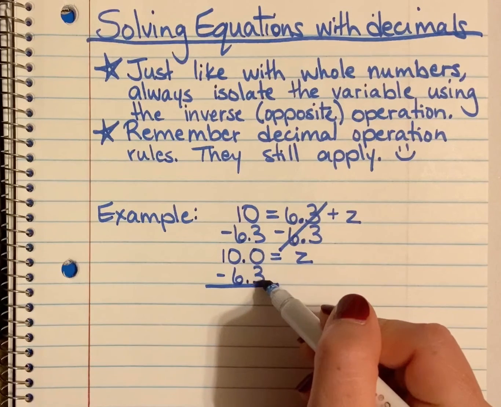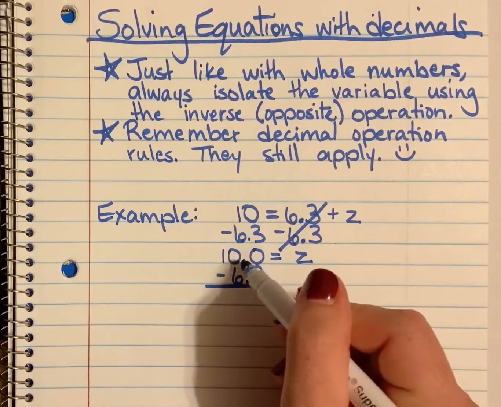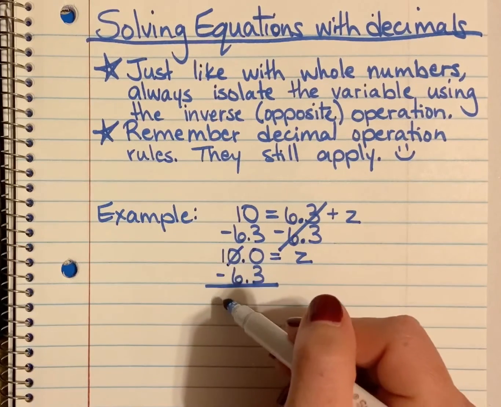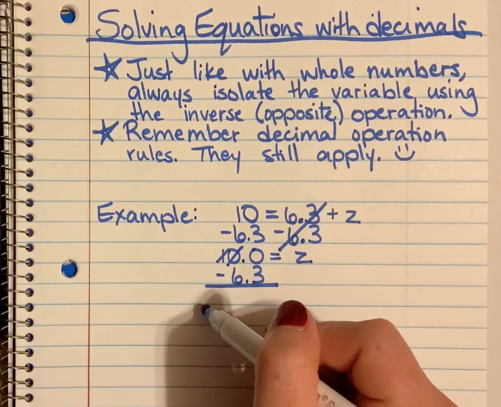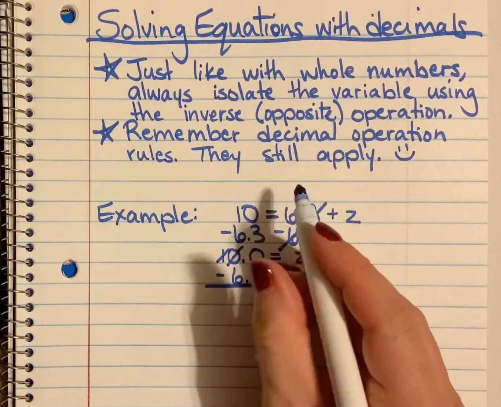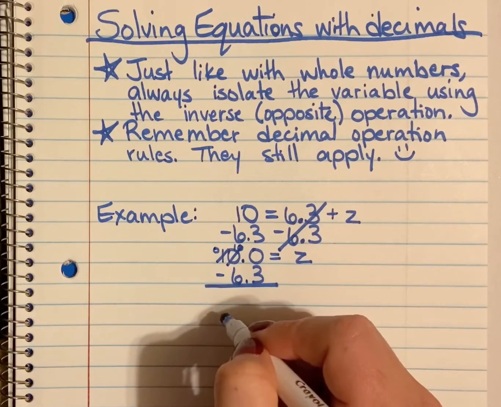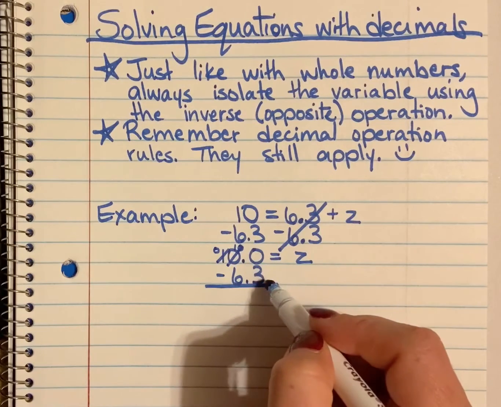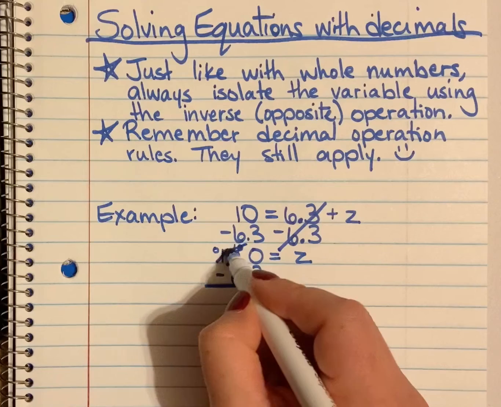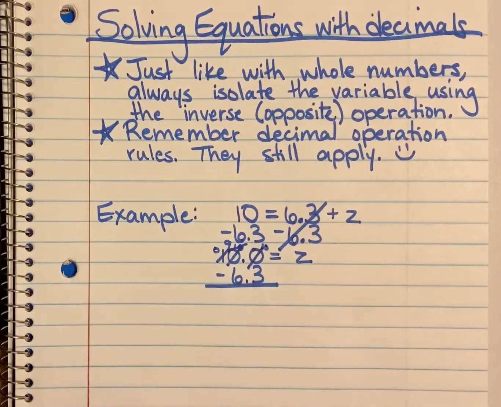If I have 0, I can't take 3 away. I go to my neighbor. They don't have any to borrow, so I go to the next neighbor. I borrow a 10 here. Now my neighbor has something to borrow from. 0 minus 3, I can now make that 10 a 9, and this becomes a 10.